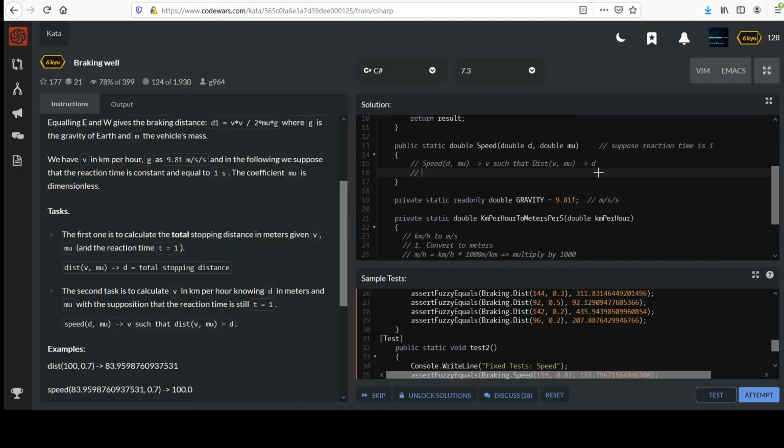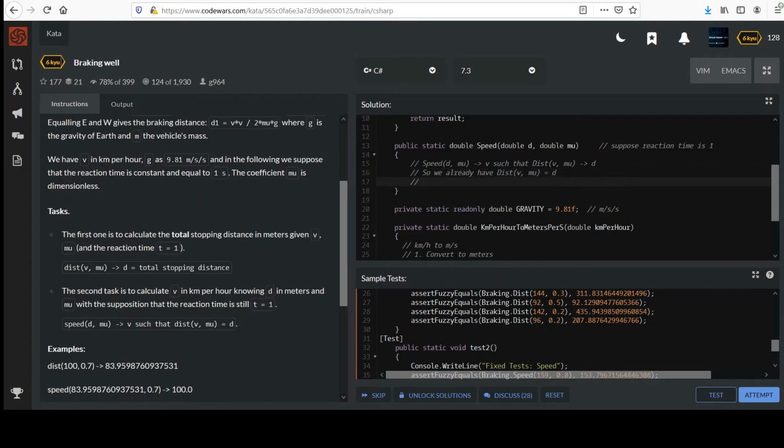And so I already have dist of v and mu equals d, right? That's what we did for the distance method. We have that, so we can take that and solve it for the v value.